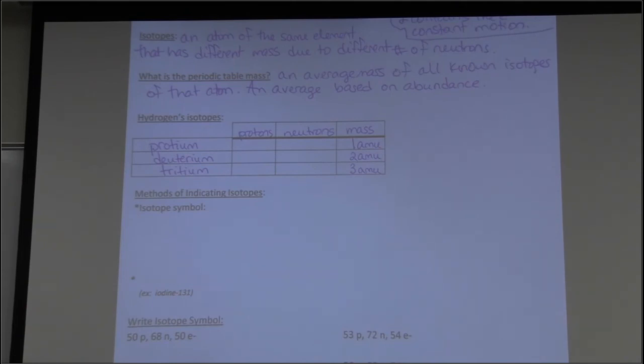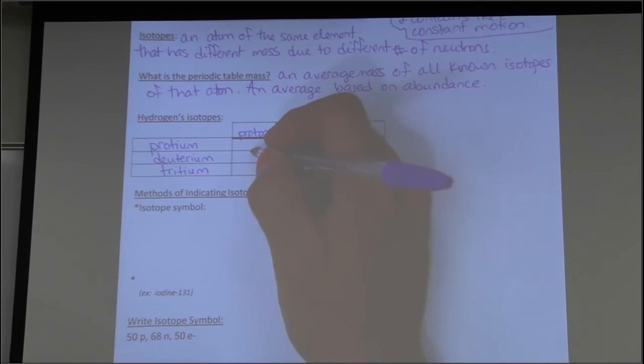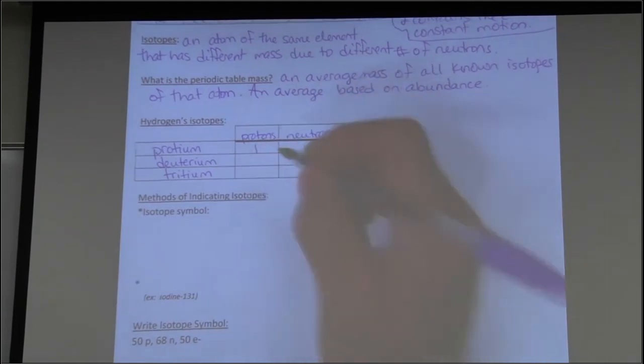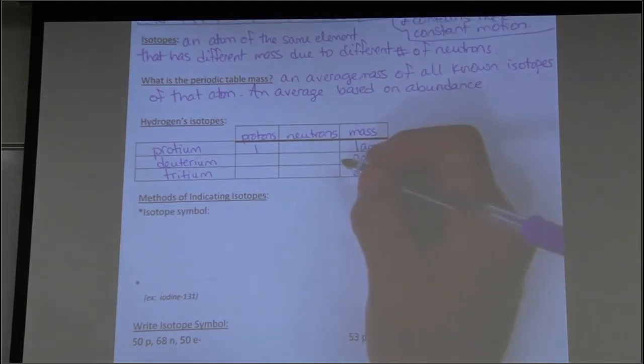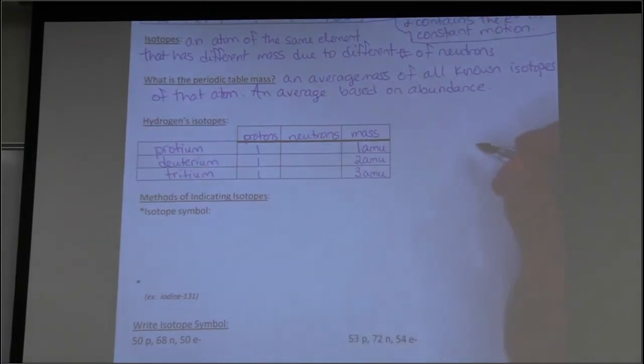How many protons does protium have? Why? Because it's who? It's hydrogen. How many protons does deuterium have? 1. Why? It's hydrogen. How many protons does tritium have? 1. Because it's hydrogen. So what changes?